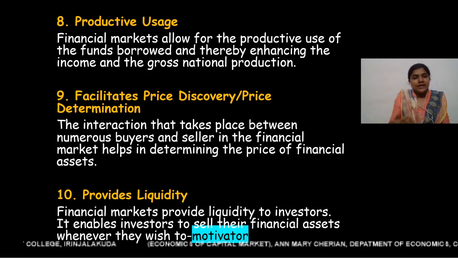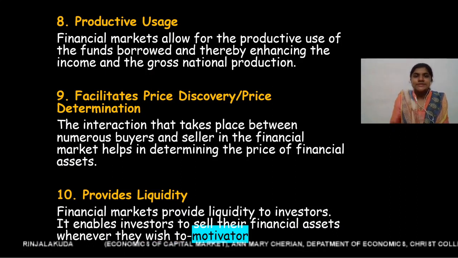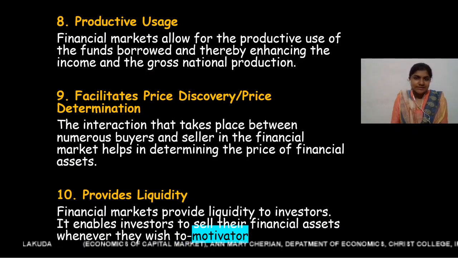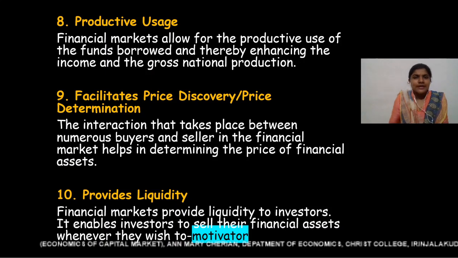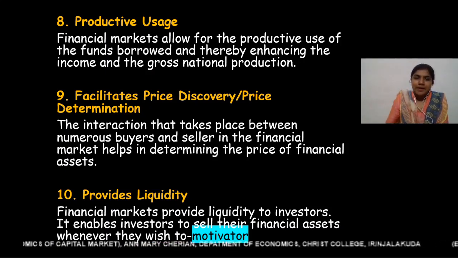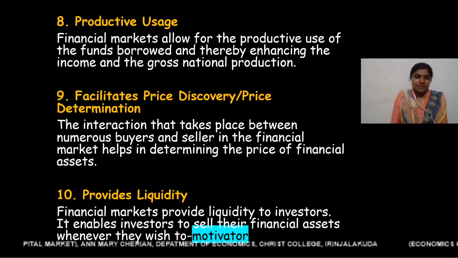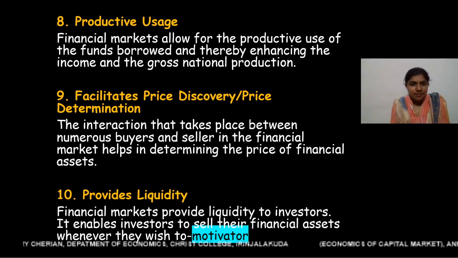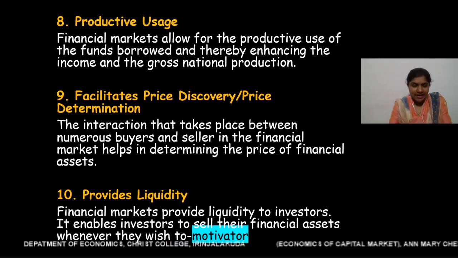So the interaction between supply and demand determines prices of financial assets. So in financial market, there are numerous buyers and sellers, and the interaction of these numerous buyers and sellers determines the price of financial assets. Thus, financial market facilitates price determination of financial assets.